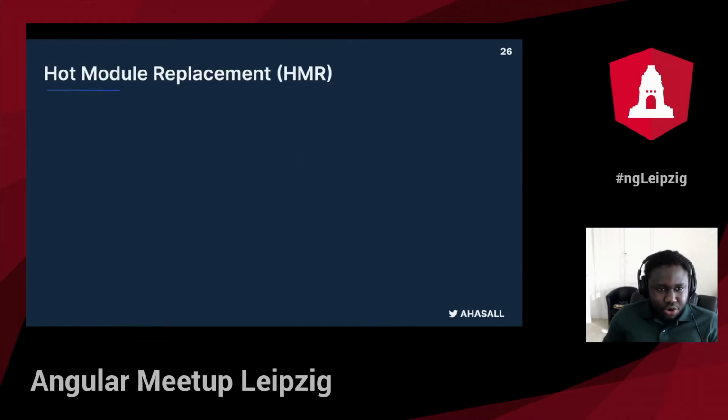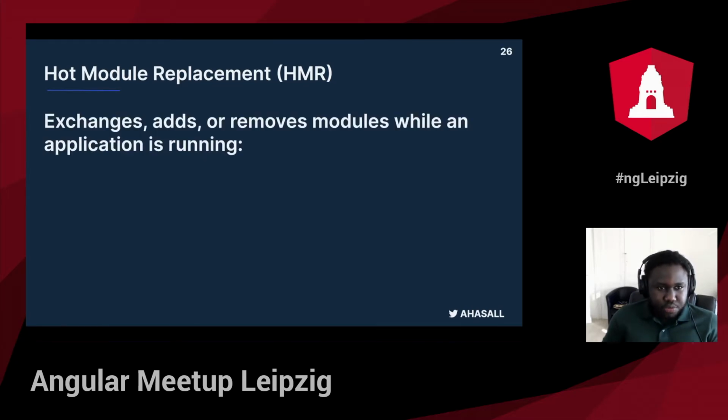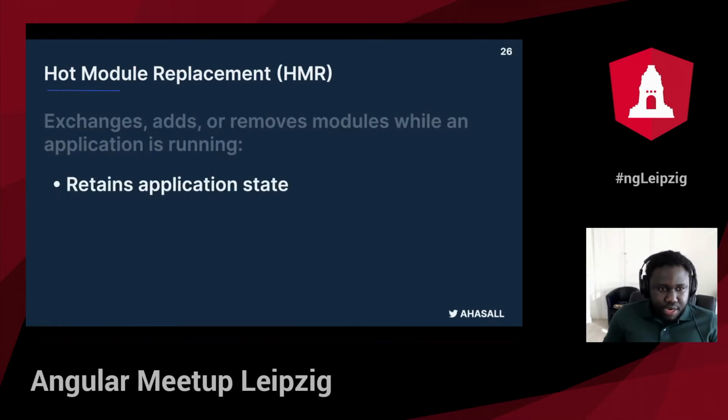And what is hot module replacement? And don't confuse it with hot module reloading, because there is no reloading involved in this technology. Hot module replacement is a technology that exchanges, adds and removes modules while your application is running. So there is no reloading involved here. And it will help you retain your application state.